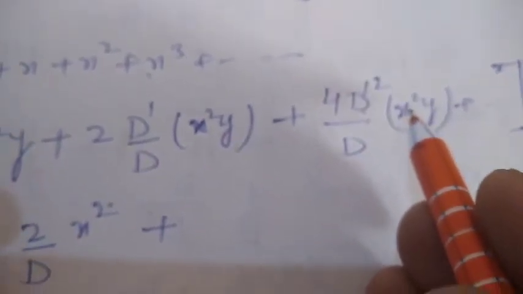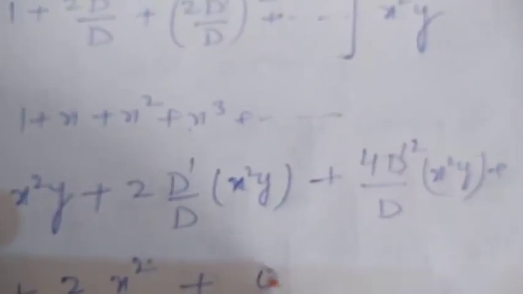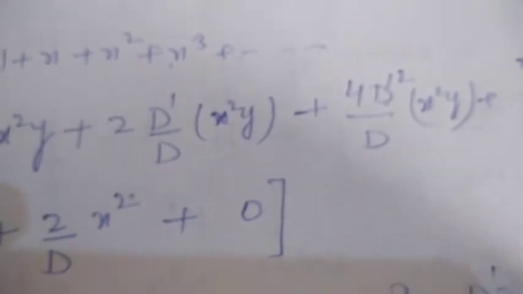Whenever we differentiate x square y with respect to y 2 times, we will get 0, because d stands for del by del x and d dash stands for del by del y.